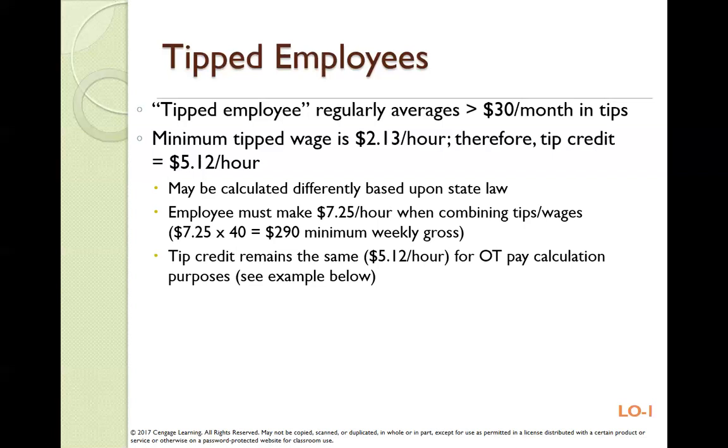Well, the difference, if they're not making that in tips, the employer has to make up that difference, okay? So that tip credit of $5.12 an hour is important, because they need to be making at least $5.12 an hour in tips, for however many hours they work, to get up to that $7.25. Now, if you've ever waited tables, a lot of times, if you're working 40 hours a week, you're going to exceed that.